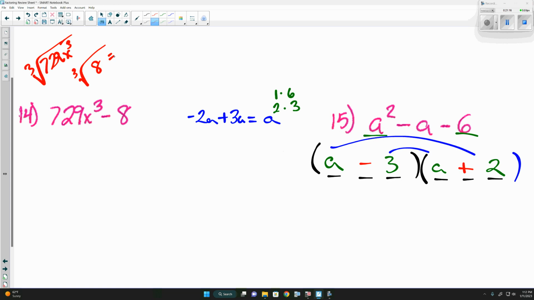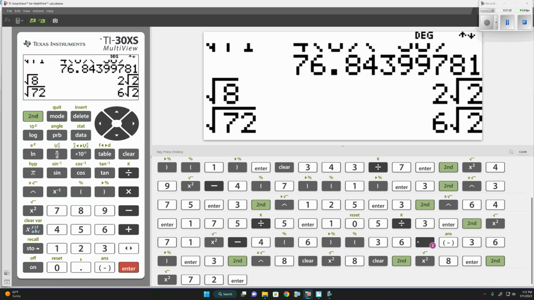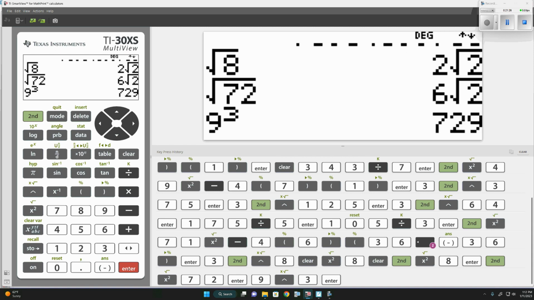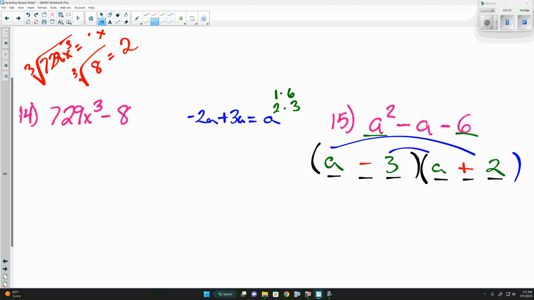Well, cube root of 8 is 2. And this here will have an x. 9. 9 to the third is 729. So it is 9. So we have 9x and 2.